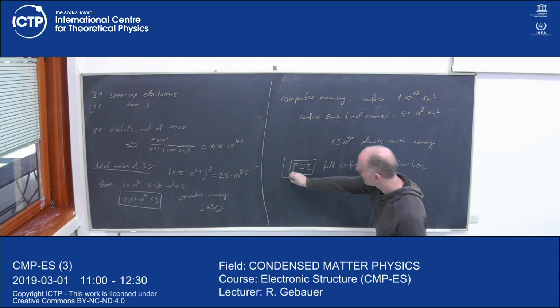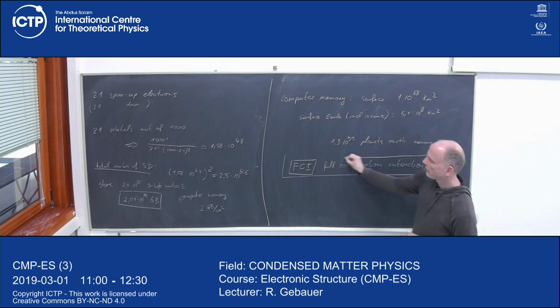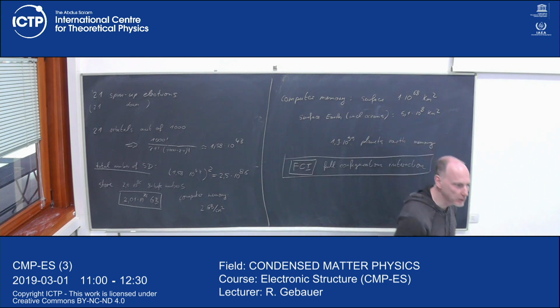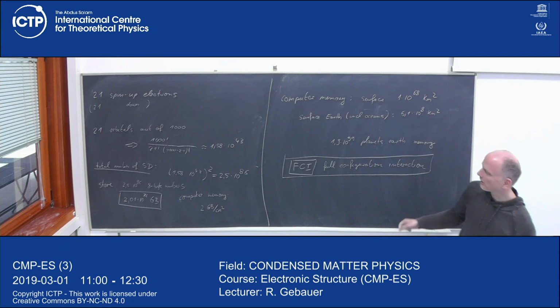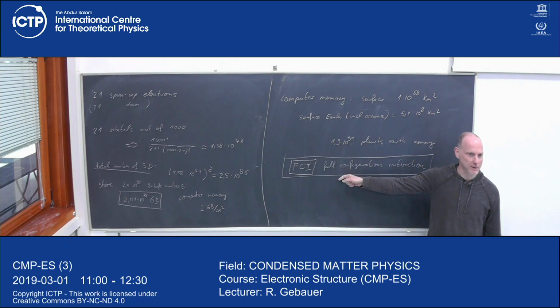So whenever this is doable, you should do it, because whenever this is doable, this gives you the exact answer. Okay? So for the given basis set, with no further approximations, you get the exact result if you do FCI.